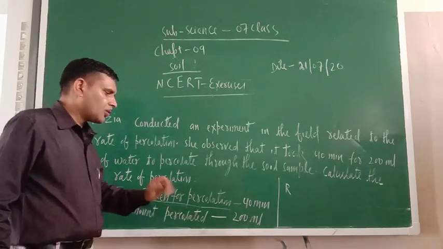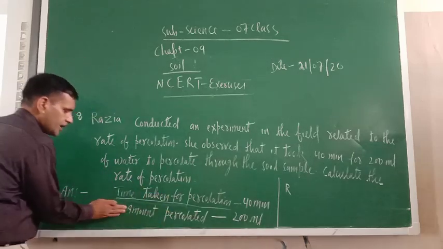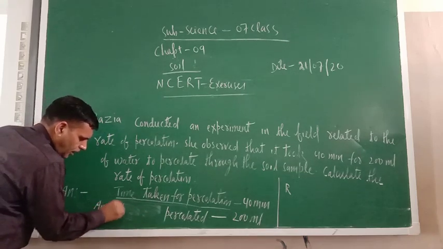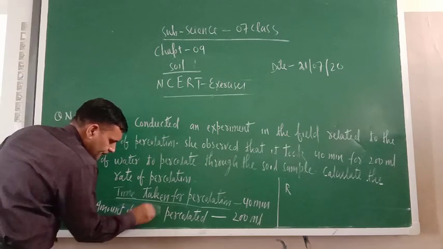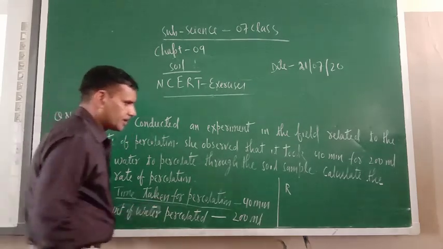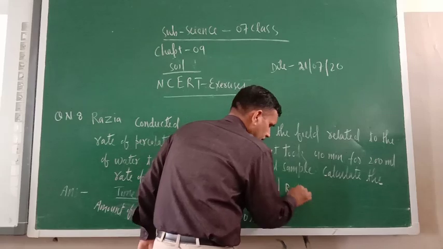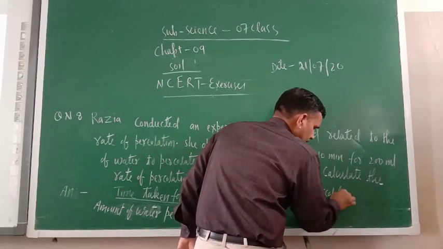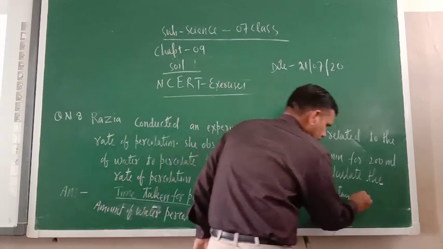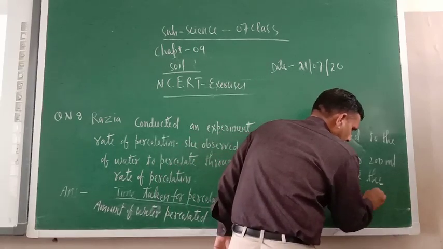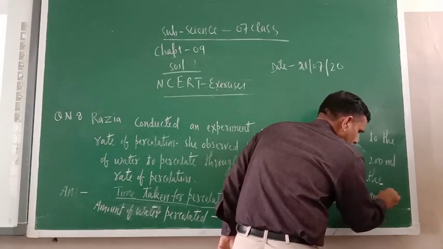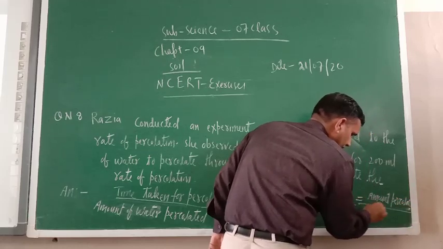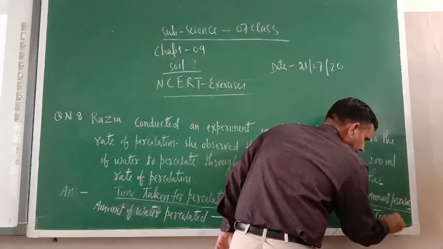And amount percolated, amount of water percolated. So rate of percolation equals amount percolated divided by time taken.